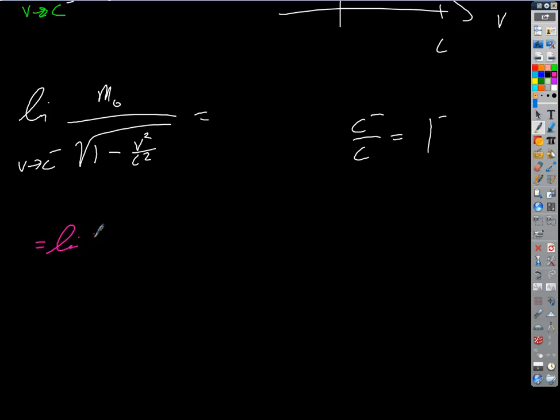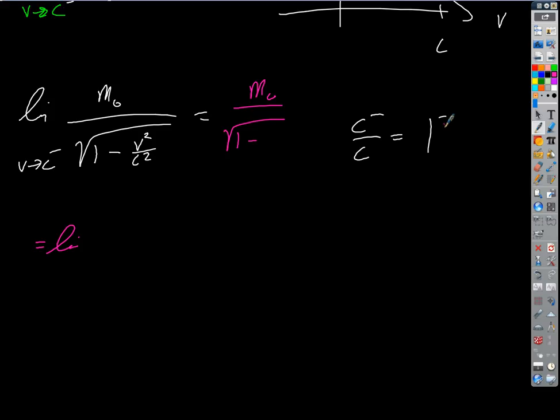Okay, right, so I can do it up here, I guess. I'm going to get m naught over the square root of 1 minus, now think about that again. If I have a number slightly less than 1 and I square it, like what is 0.9 squared? 0.81, isn't it, right? So it's a number that's also slightly less than 1, right?